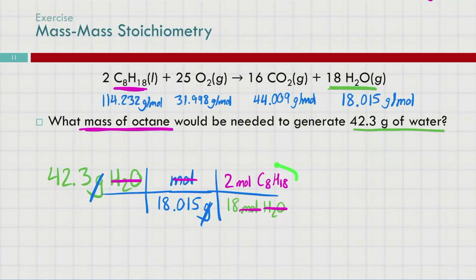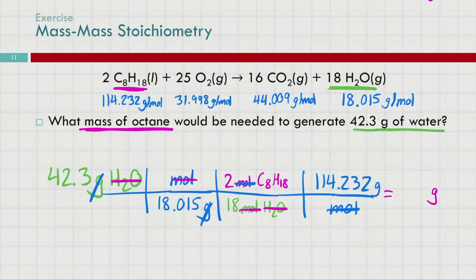So our unit now is moles of octane. We're looking for a mass, so that means we need to multiply by our molar mass. So 114.232 grams over moles. The moles cancel. Our output here is grams octane.